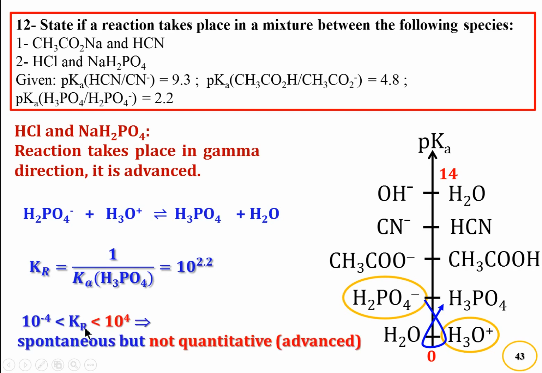So this reaction has a value of K less than 10 to the power 4, so this reaction is not quantitative. We say that the reaction is advanced. And K of the reaction is greater than 10 to the power minus 4, so this reaction is spontaneous. As a conclusion, we have a spontaneous reaction between HCl and NaH2PO4, but this reaction is advanced.